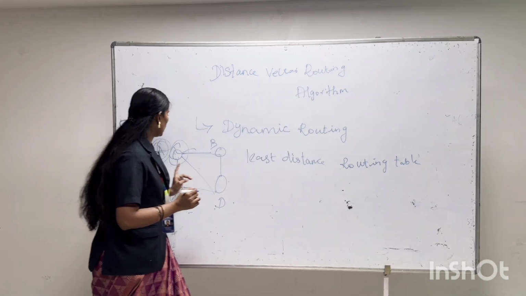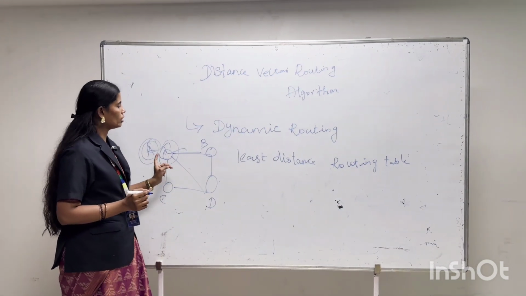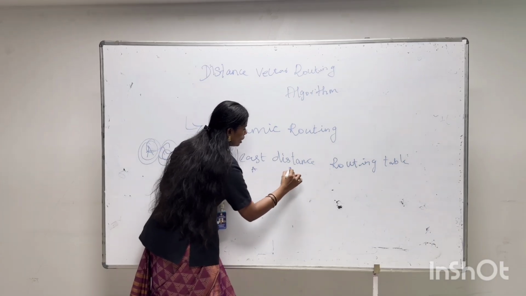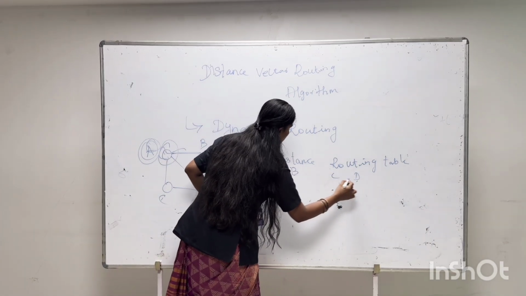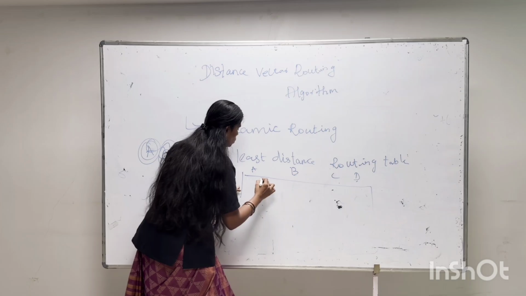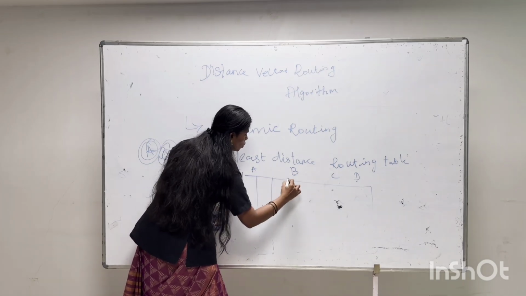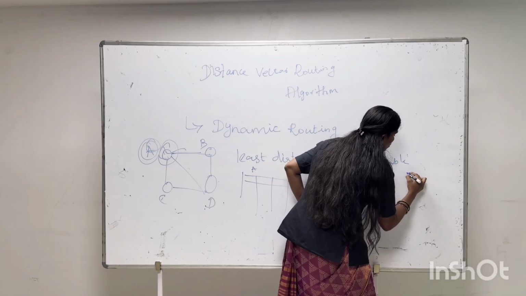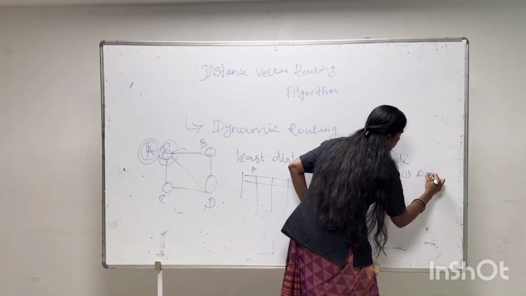Here I have taken 4 vectors. For the 4 vectors, I will take 4 routing tables: A, B, C and D. Each routing table consists of 3 categories. The first one is the destination.